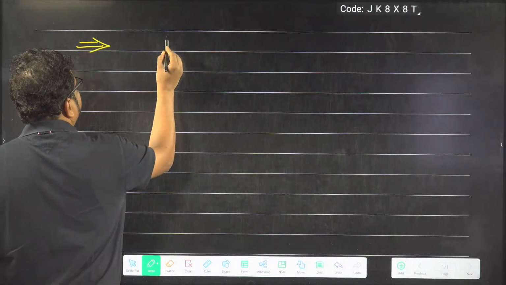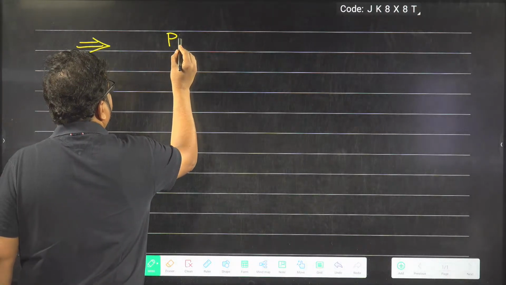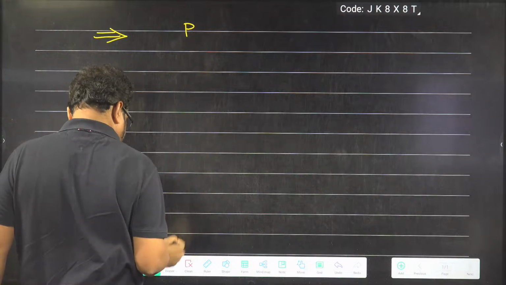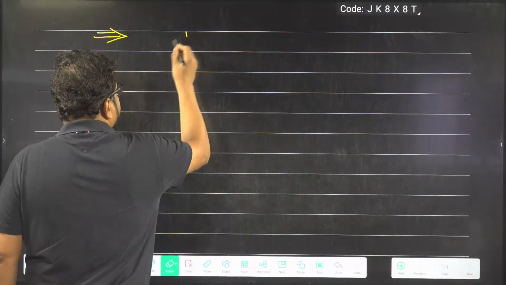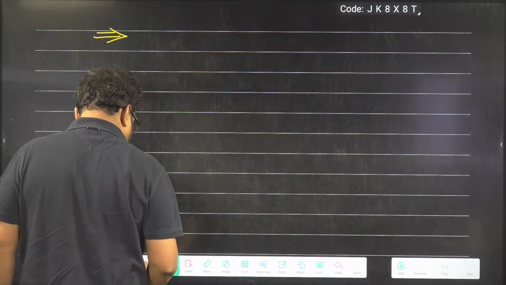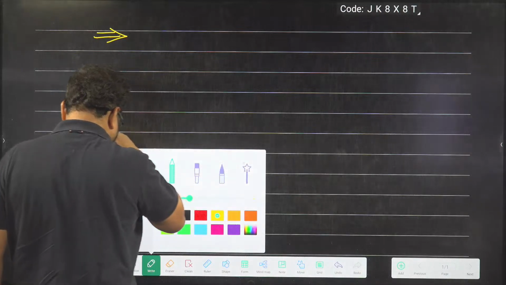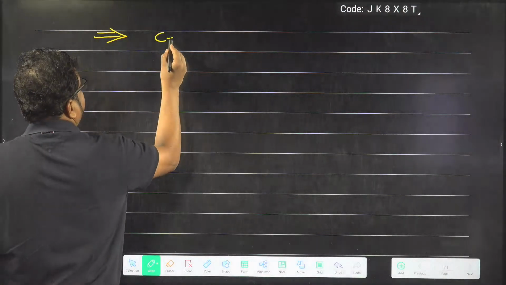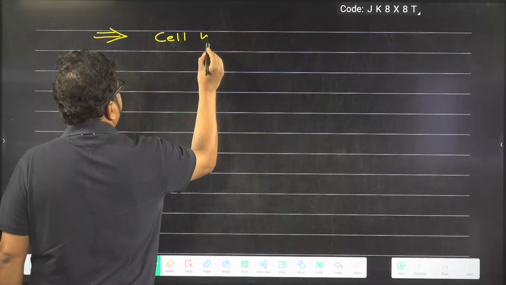So we are in between of plasma membrane or cell membrane. We discussed some part yesterday and some part we are continuing today.